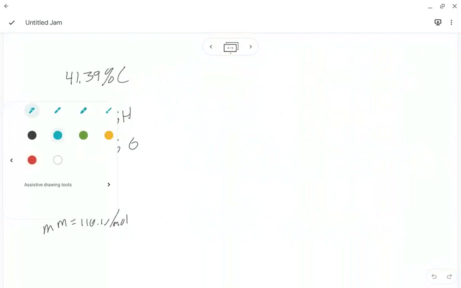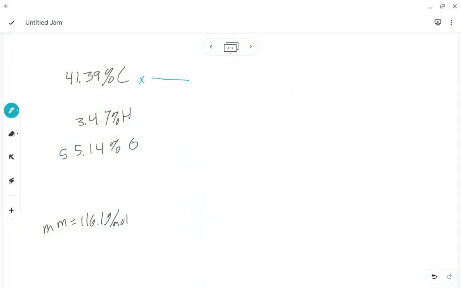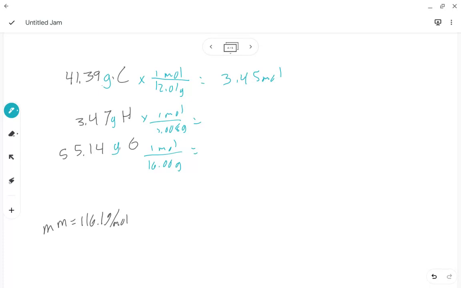So we're going to take our grams and turn them into moles, because we're going to pretend these percents are grams, grams, and grams. 1 mole is 1.008 grams, and 1 mole is 16 grams. So for the first one, 41.39 over 12.01, we get 3.45 moles. We get 3.44 moles.